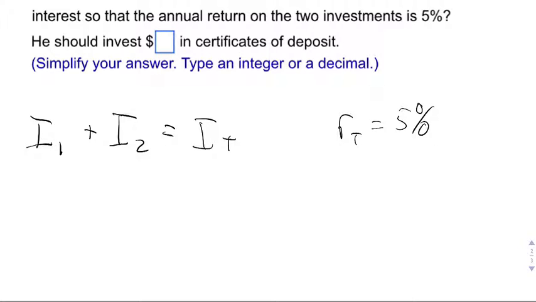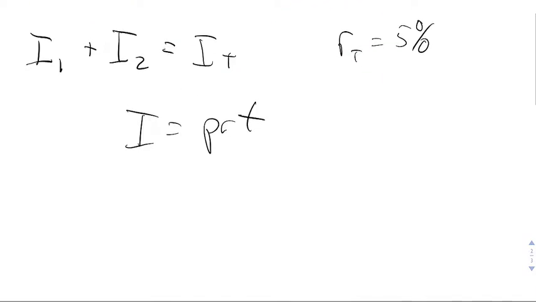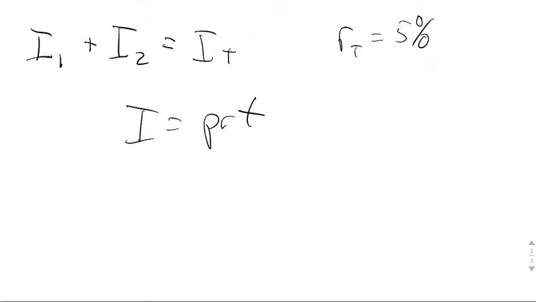So the interest in account 1. So interest is going to be I equals simple interest, in this case PRT. So that means for account 1, he's going to have the principal for that account times the rate of that account, annual. So the time is 1 year, but we'll say the time for that account.